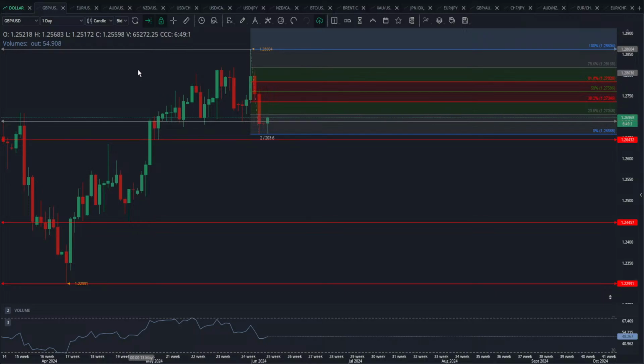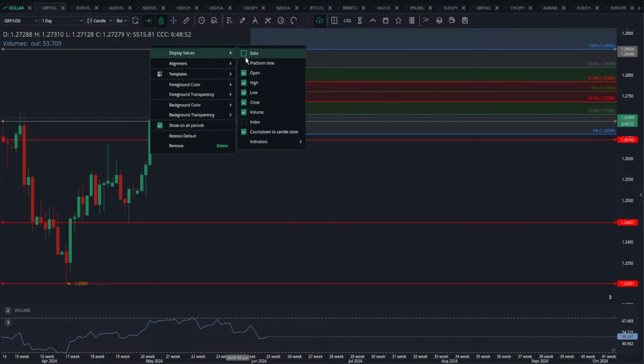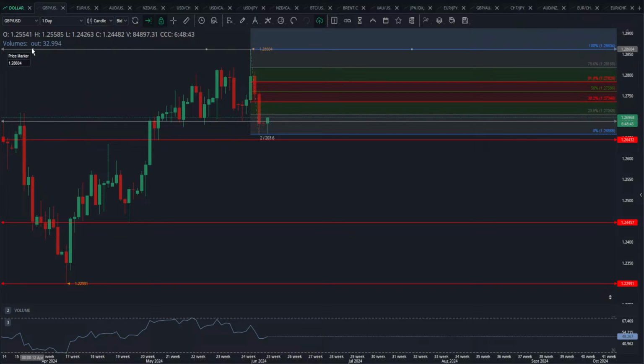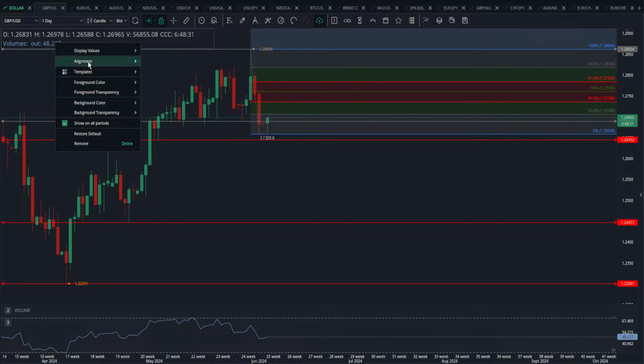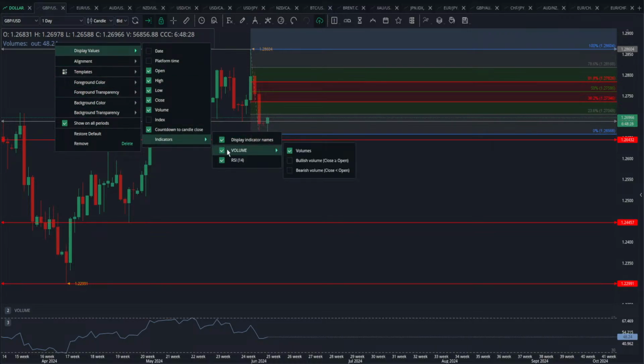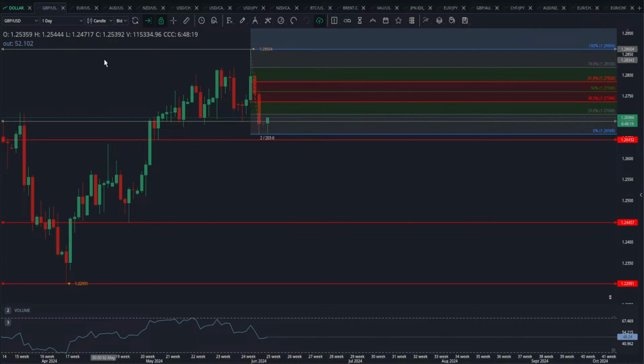Okay, so this is the value of RSI. Volumes I will not show, because it is already shown. All right, I think this is good.